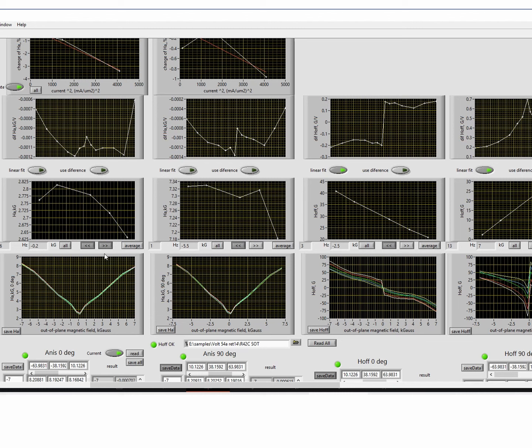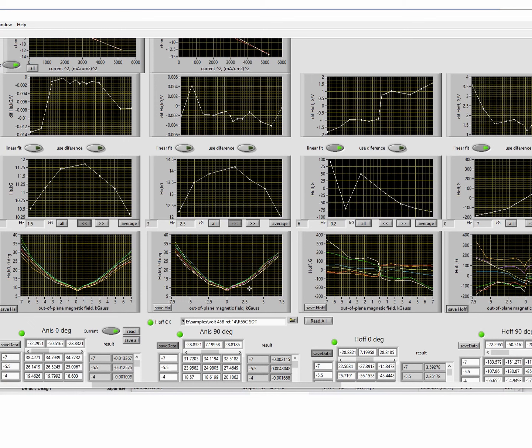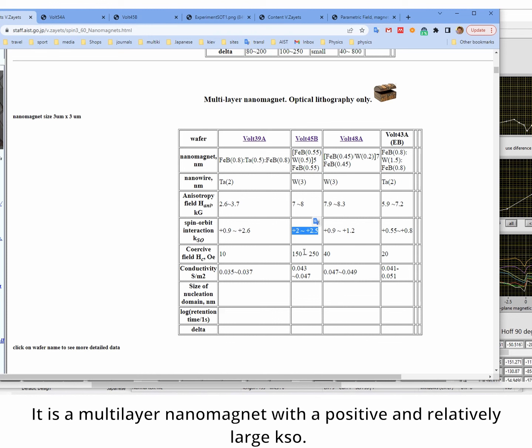So next, let's check a multilayer nanomagnet with a high coefficient of spin-orbit interaction. This is data for wafer Volt 45B. It is a multilayer nanomagnet with a positive and relatively large coefficient of spin-orbit interaction.